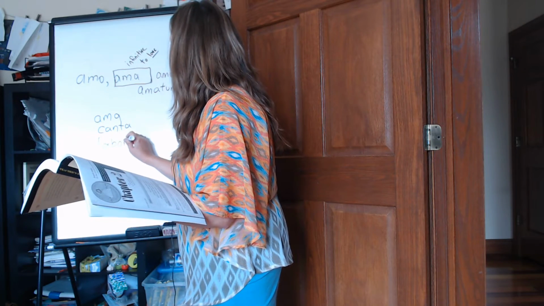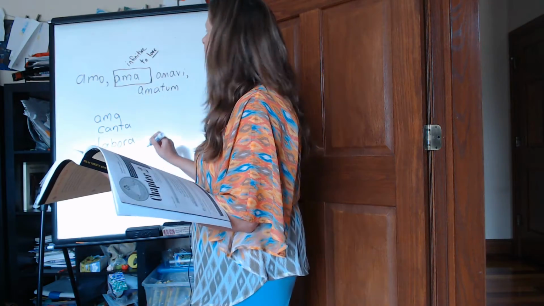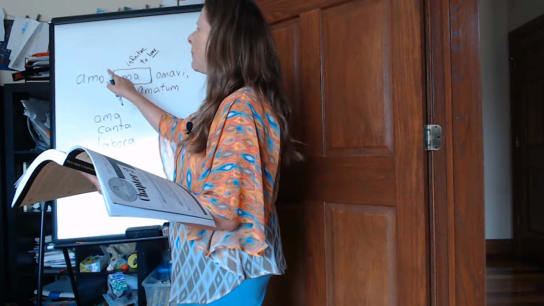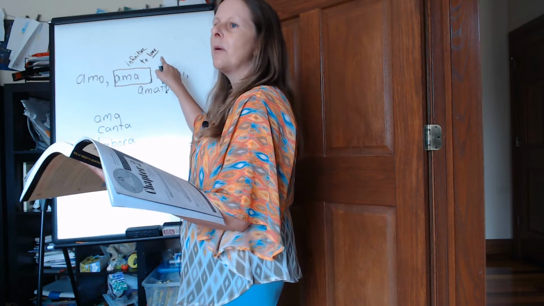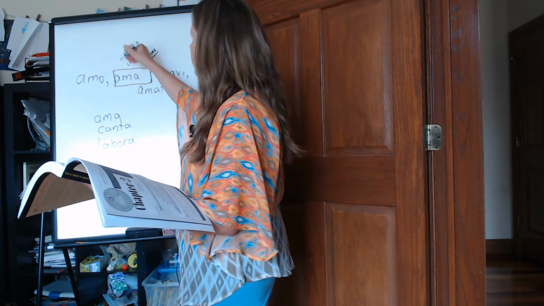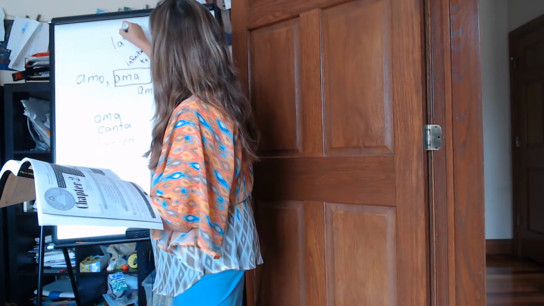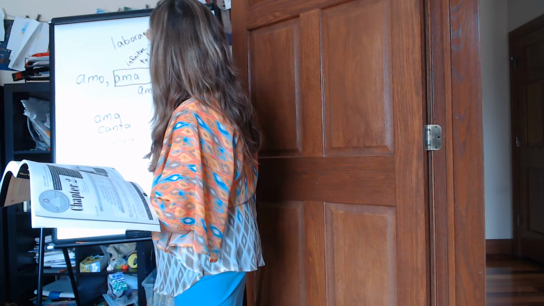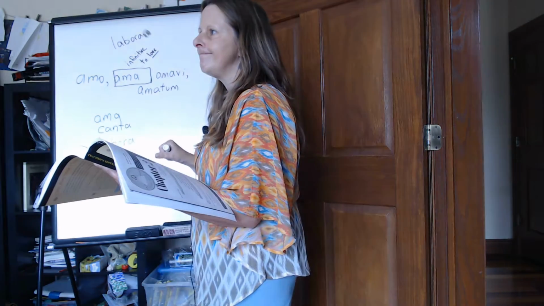Let me just make sure everybody knows what I'm doing, okay? So the principal parts of laboro. Laboro, laborare, laboravi, laboratum, right? I go to the second principal part, laborare, and I take away the RE, labora.